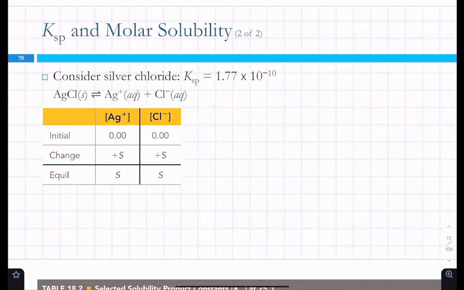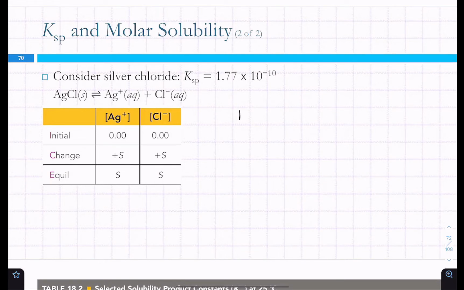And we use S here instead of X because we're calculating molar solubility, which is S. So we'll take this and use it just like we did all of our equilibrium stuff for like Ka, all of those other equilibrium constants.